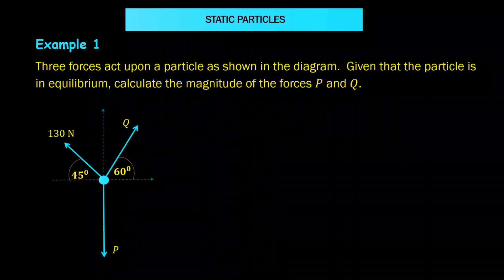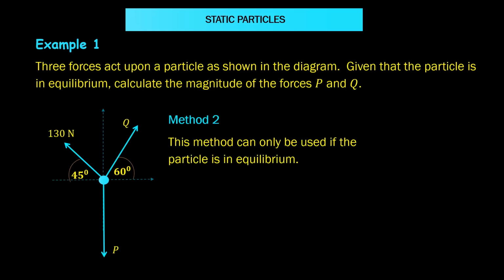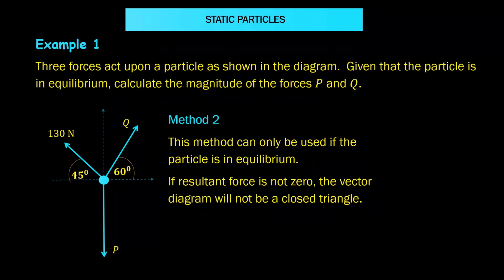Now let's take a look at the second method for finding the values of P and Q. This method can only be used if the particle is in equilibrium. If the resultant force is not zero, the vector diagram will not be a closed triangle.